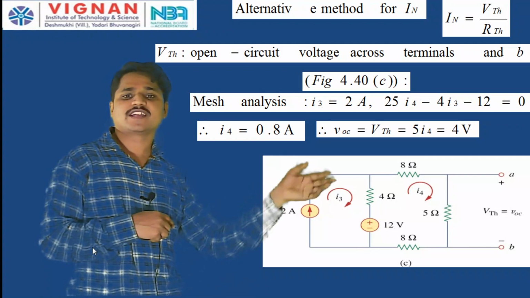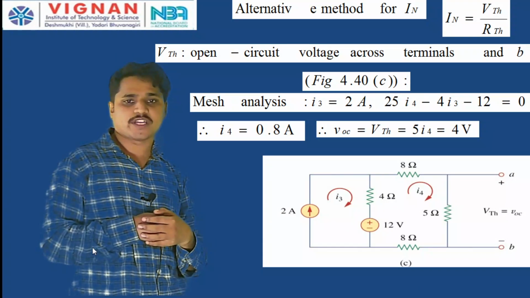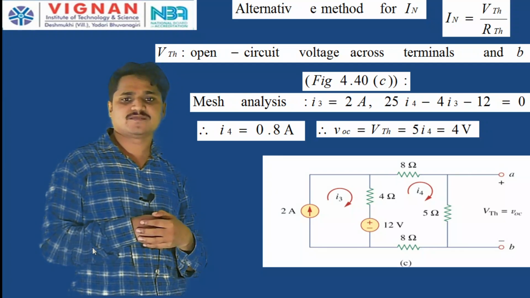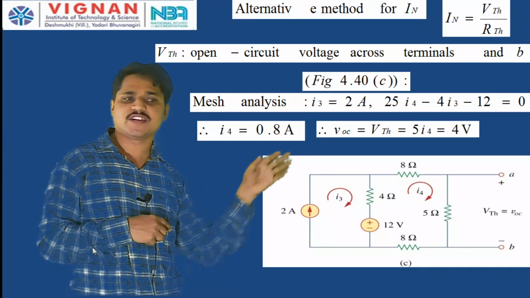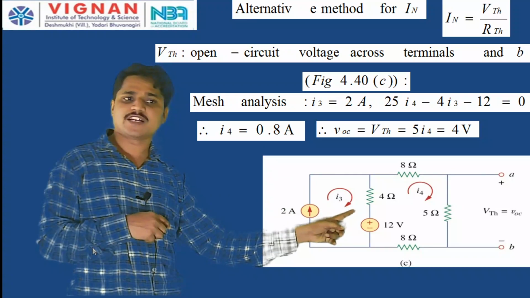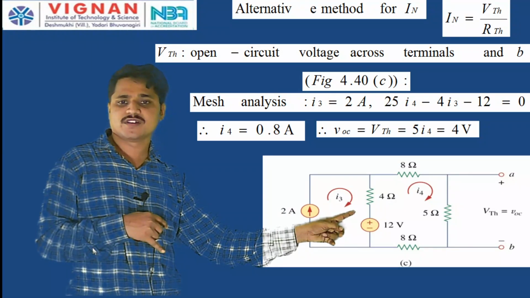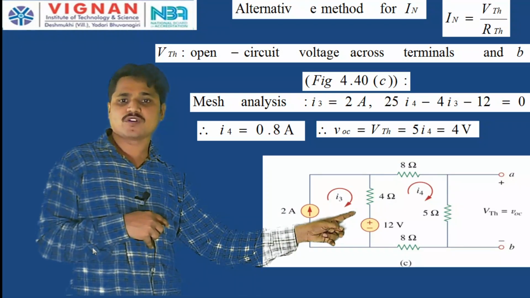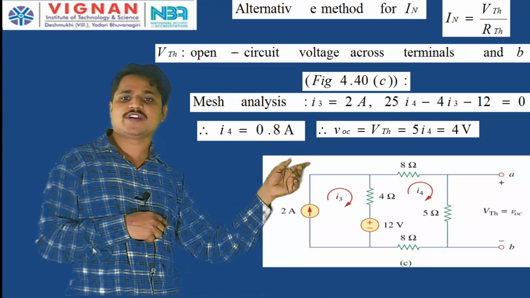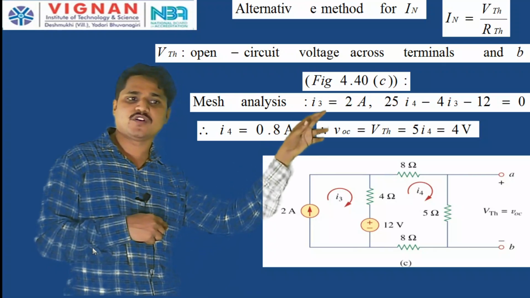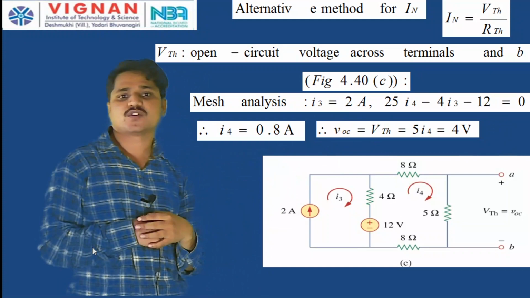Now next apply the KVL in mesh 2. Again, 8 plus 8 is 16, plus 4 is 20. So, 20 I4 minus... the current I4 is entering and I3 is leaving this 4 ohm resistor, because this 4 ohm resistor is a mutual element connected between the two meshes. So, 25 I4 minus 4 I3, since 8 plus 8 is 16, plus 4 is 20, plus 5 is 25. So, 25 I4 minus 4 I3 minus 12 is equal to 0.